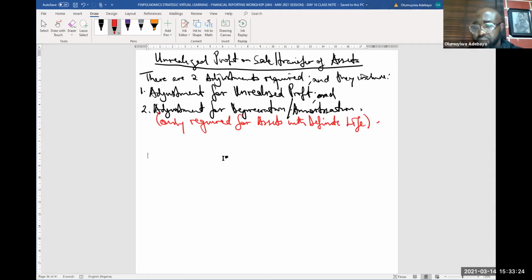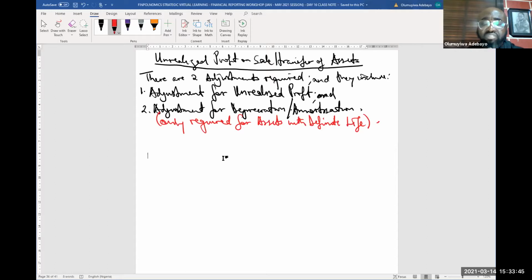But if it had been property, like a building or motor vehicle, it then means that the new buyer would have depreciated it at the 120 price he bought it, being its own cost. And that would have made the depreciation higher than what it would have been if you had recognized it at 100.